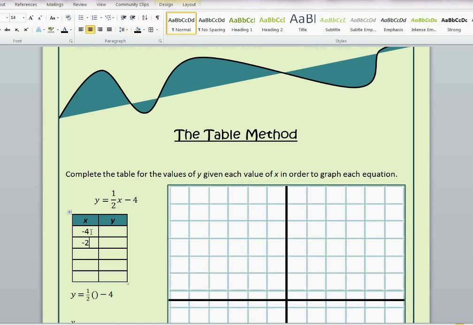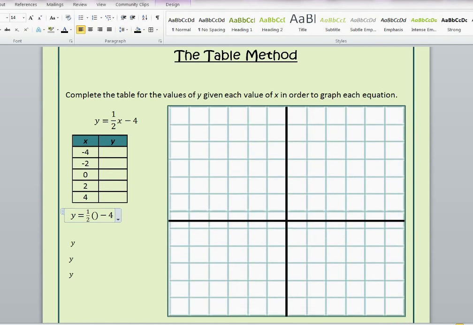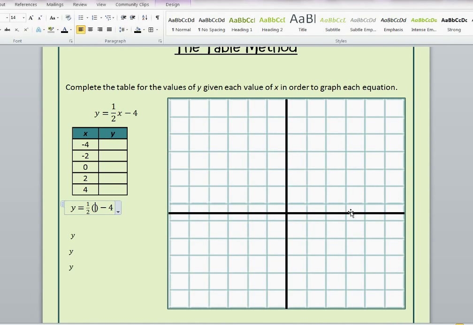So you don't have to go by ones here. You pick whatever numbers you want to. The next one, we're going to have 0. So the x values are going up by 2 each time, and we're going to figure out what our value of y is given our x's. You with me? Stay with me.